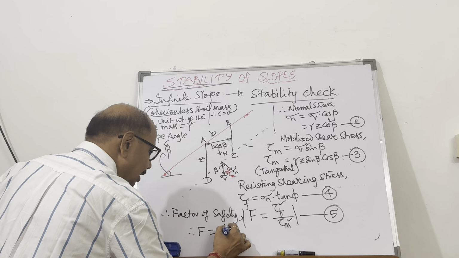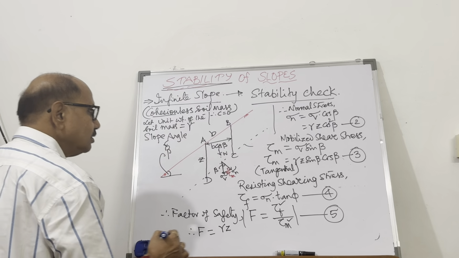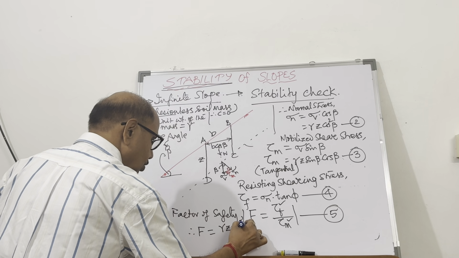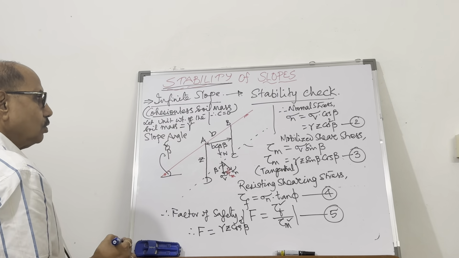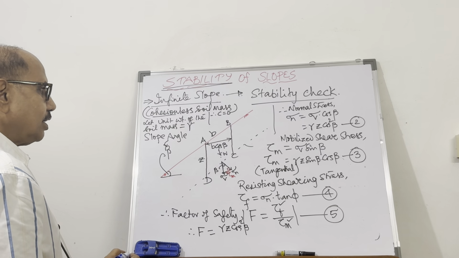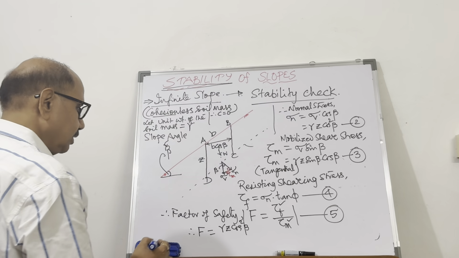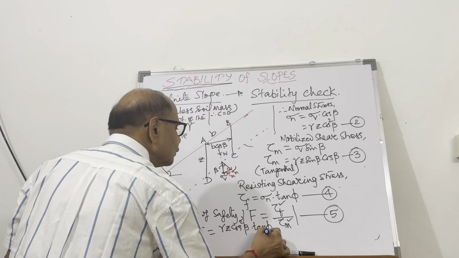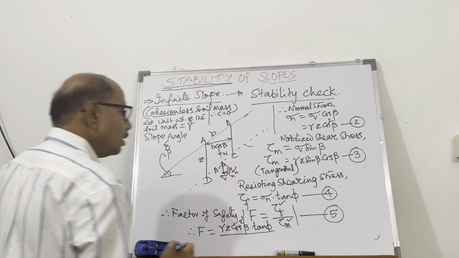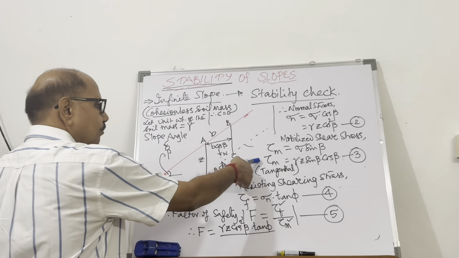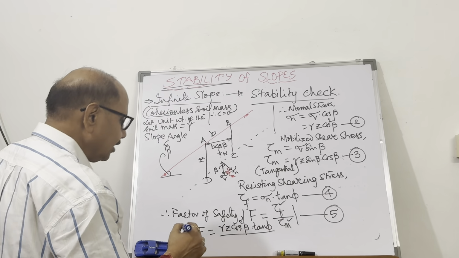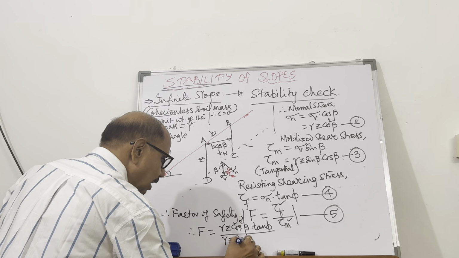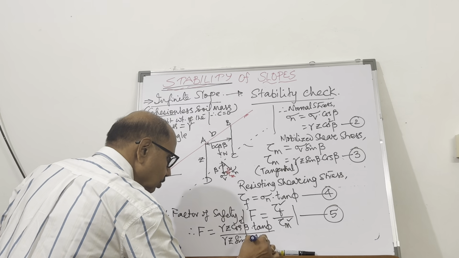So it will be gamma z cos square beta into tan phi upon tau m, which is gamma z sin beta cos beta.